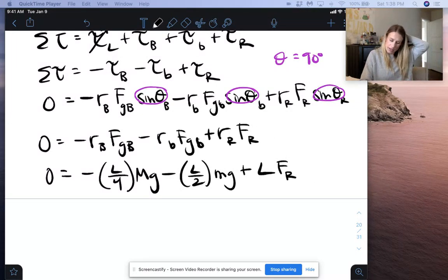Now here, we're just going to divide everything by L, so that L cancels out. We divide both sides by big L.